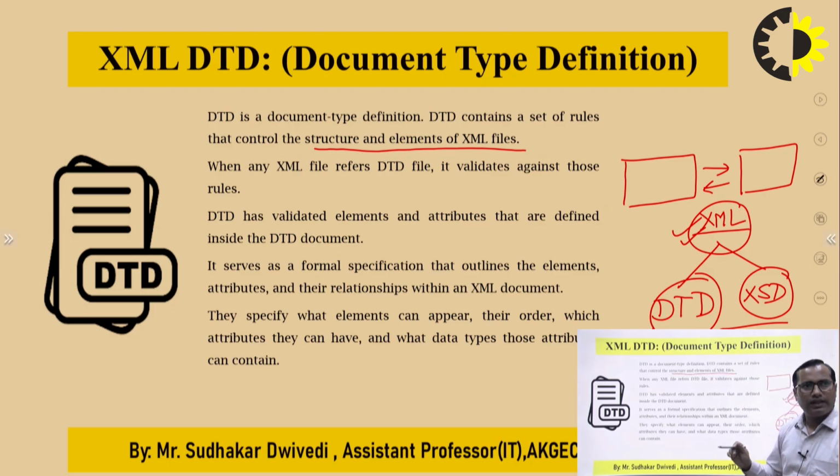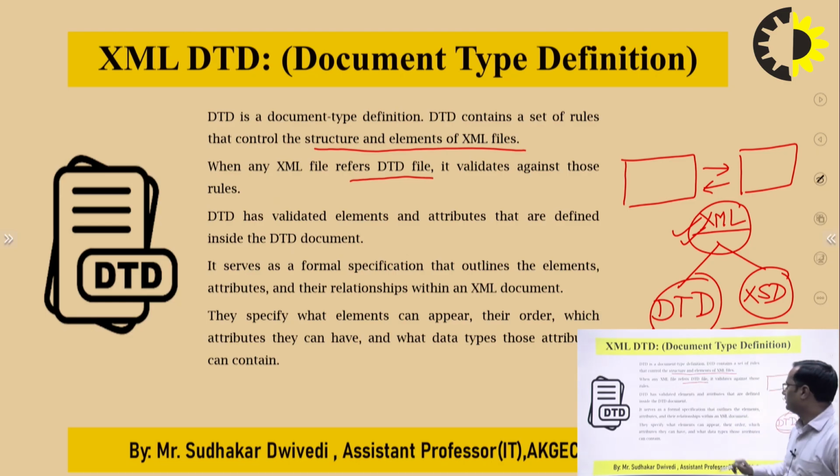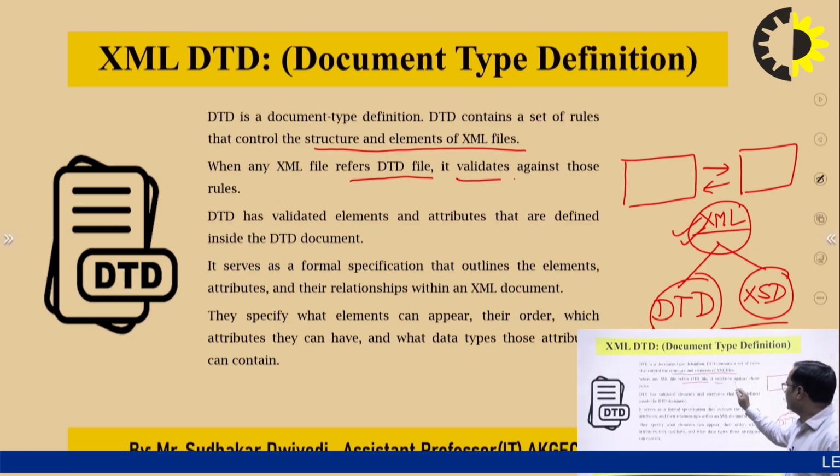So what an XML file should contain is controlled by the XML DTD. And if the XML file refers to a DTD file, that means it is validated against those rules.